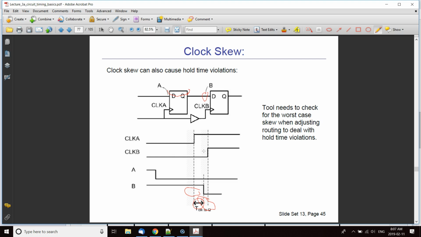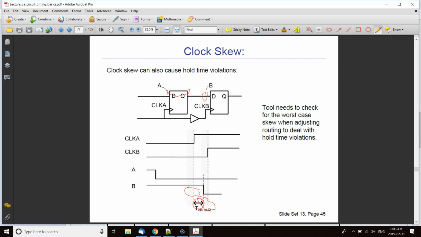The other effect is that if the delay is such that whatever comes here changes during the setup hold window and violates the hold time, then this would be a hold time violation. Again, let's wrap setup time into the previous case of making the clock a little bit slower.